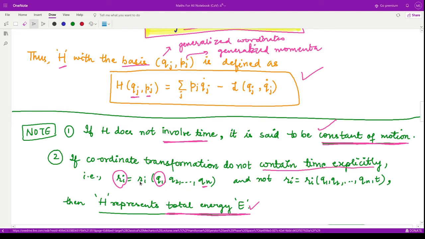That means these ri's do not depend on time as such, but these q1, q2, qn obviously depend on time. That is why we say the coordinate transformation should not contain time explicitly. In that case, the Hamiltonian represents the total energy of the system.